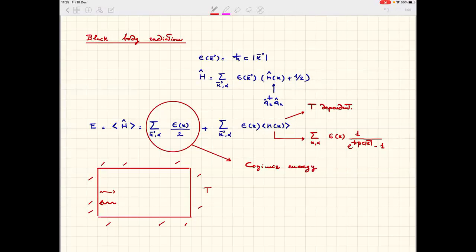It's actually a very interesting contribution to the energy because, in particular, it depends on the shape of your cavity. For example, if you take a cavity which is very long.